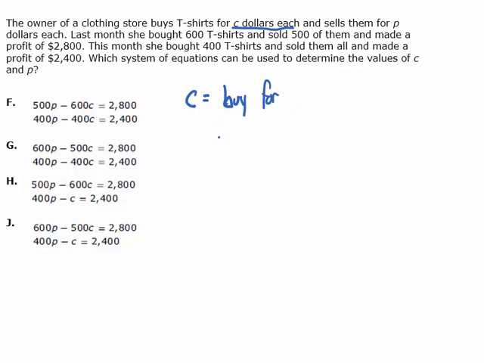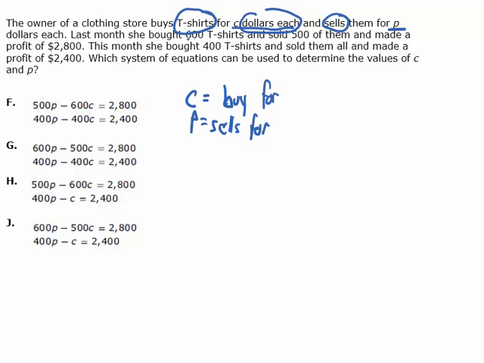So that's our buy-for price. And sells them for P each. So C is what she pays for each t-shirt, and P is going to be how much she sells them for. So P equals sells for. That's the price that she sells them for.